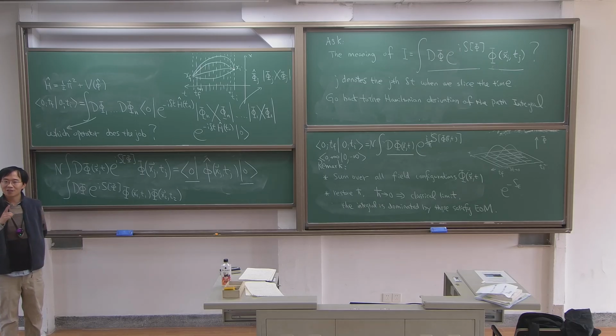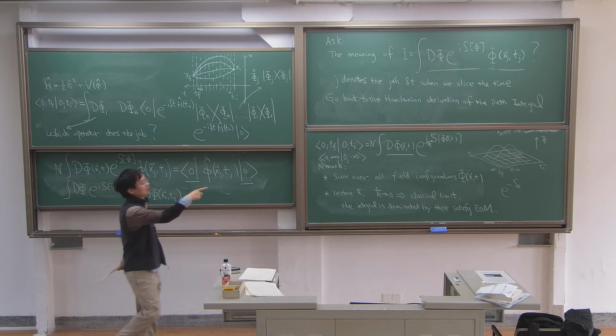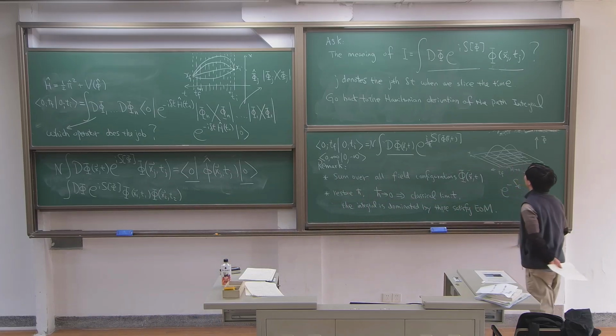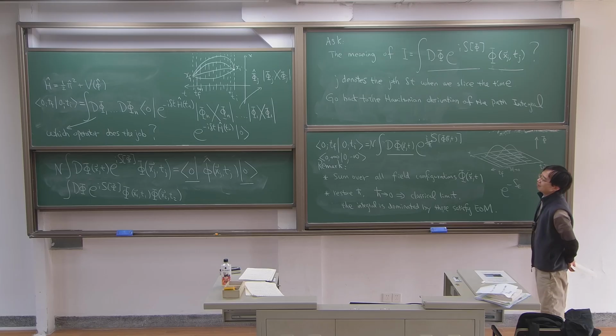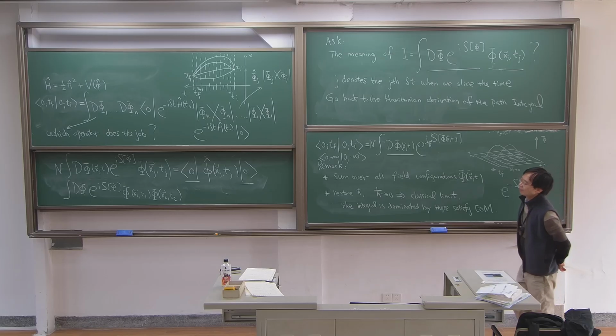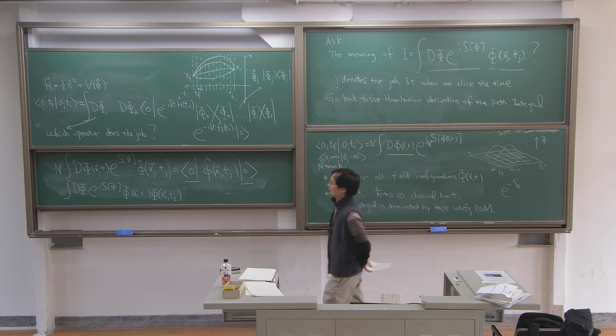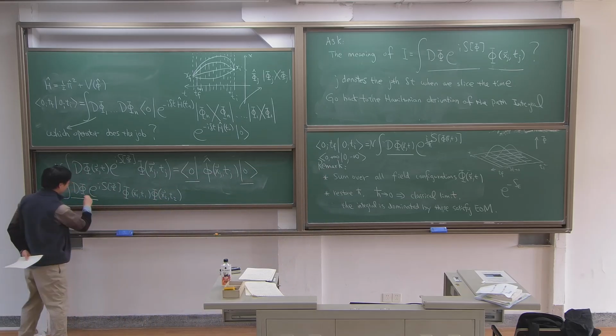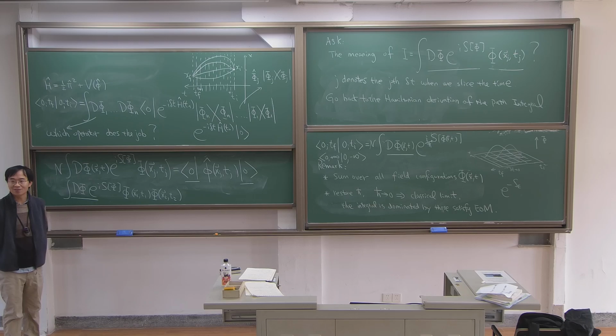The point is you should understand it in this way. Fortunately, I have a picture here. So what do the two insertions really mean? First of all, in this sum you have many different phi configurations.